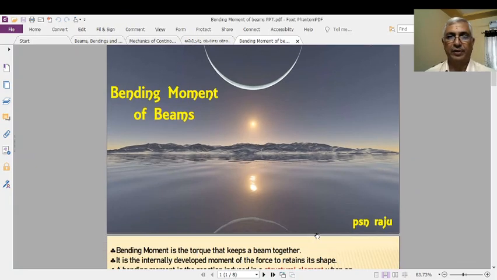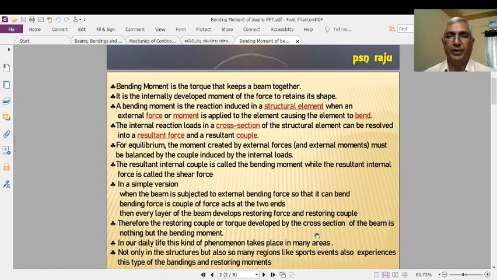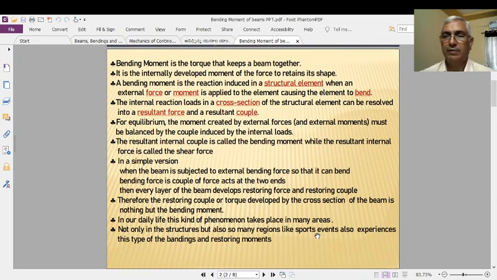Okay, right. Bending moment. How does this bending moment arise? Consider a horizontal beam. When this horizontal beam is subjected to two equal forces on either end in opposite directions, then the beam bends by getting a certain shape.